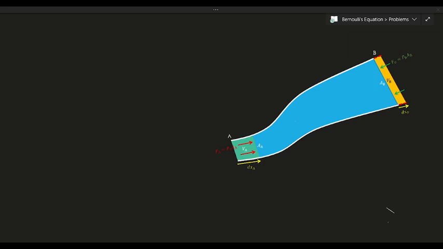Okay, so let's suppose that the first subsection, let's call this subsection the liquid element. So the first liquid element has the velocity v1, the second has the velocity v2, the third has the velocity v3, the fourth v4, and so on. So these different liquid elements have different flow speeds. And when one liquid element, for example, liquid element 3, replaces liquid element 4, because of the streamline flow, liquid element 3 will have the velocity of liquid element 4.